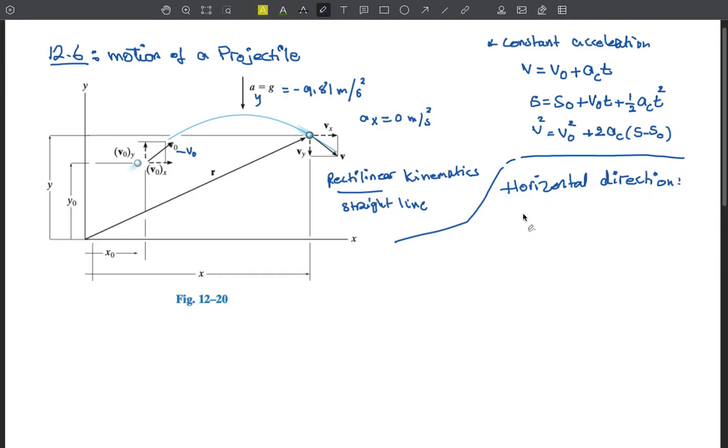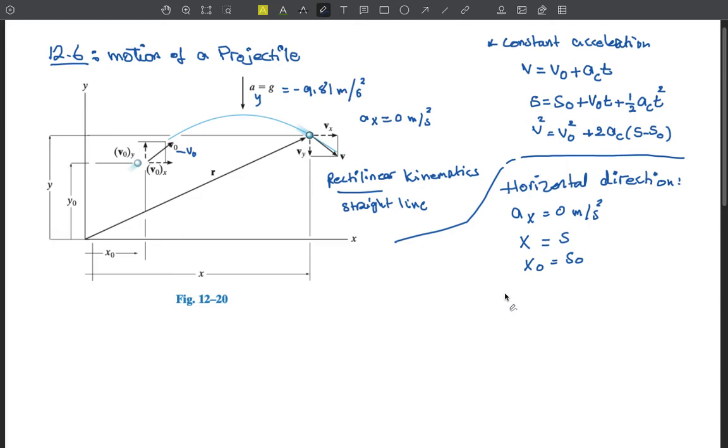In the horizontal direction, the only thing that we know is a_x equals 0 meters per second squared. And instead of S, we could write X, so this is the X distance. So X instead of S, or X node instead of S node.